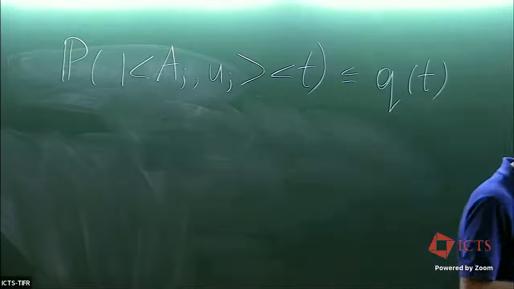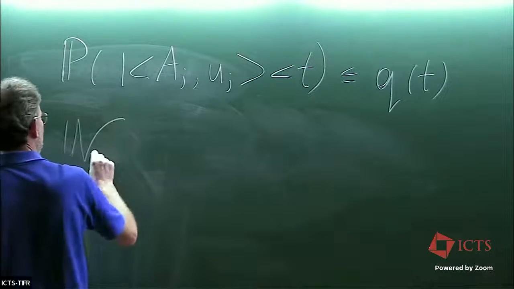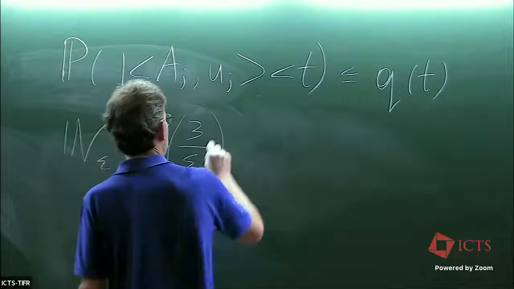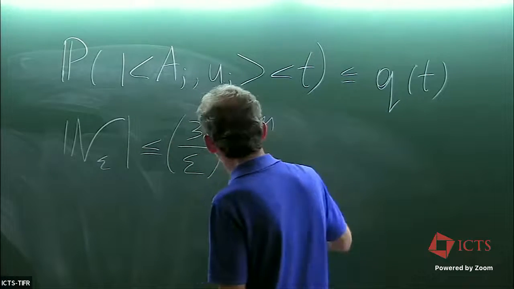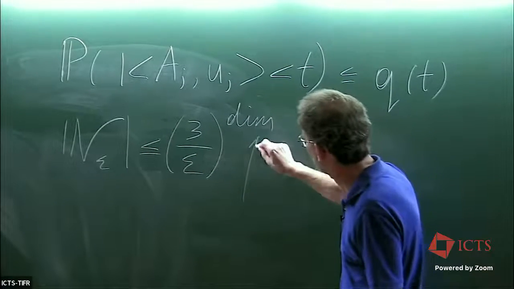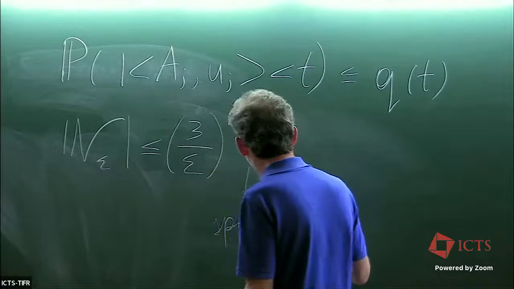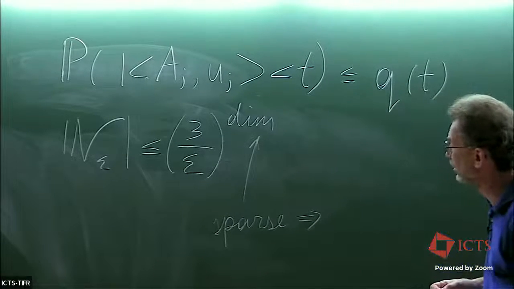And what is the advantage of dealing with the sparse vectors? Let's recall how we constructed this net. We have a volumetric estimate: the size of the epsilon net is less or equal than 3 over epsilon to the power of the dimension of the space. Now, if the vector is sparse, then we are interested only in the support of the vector.